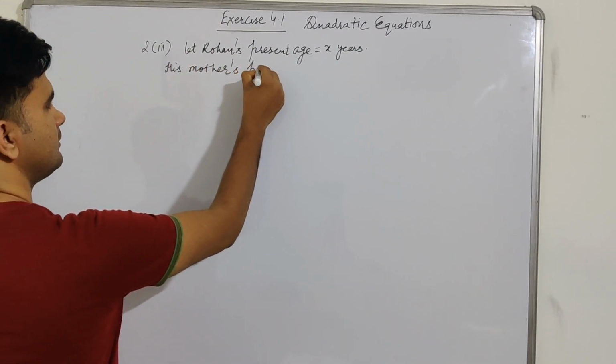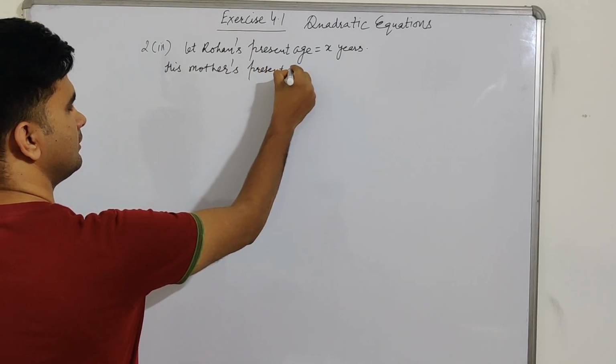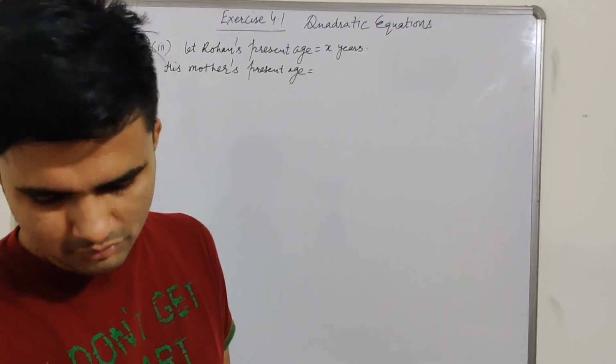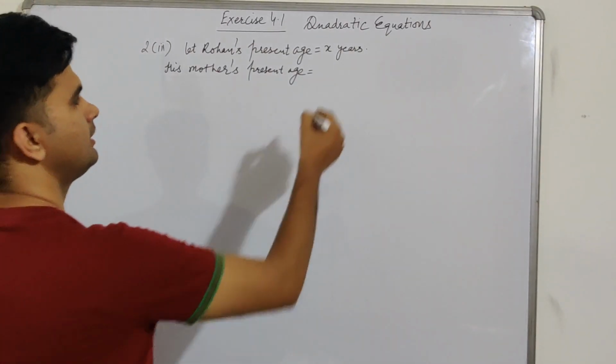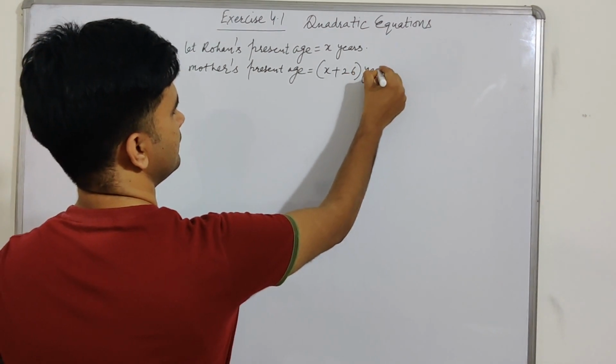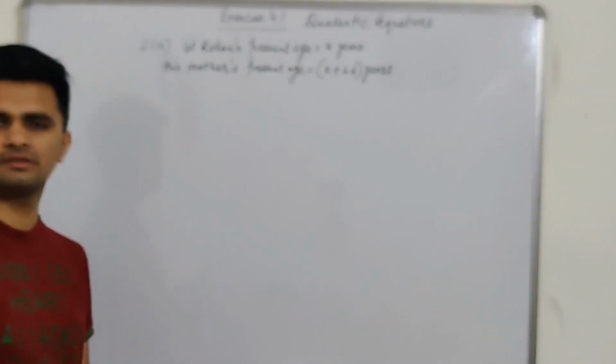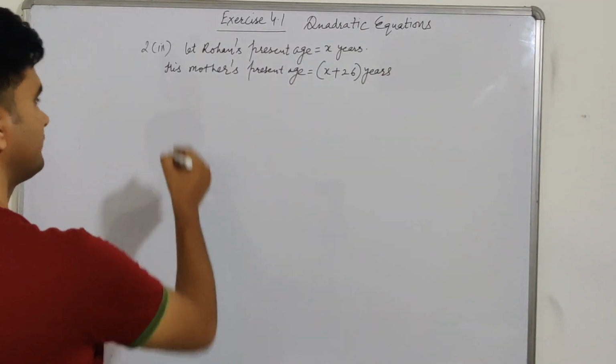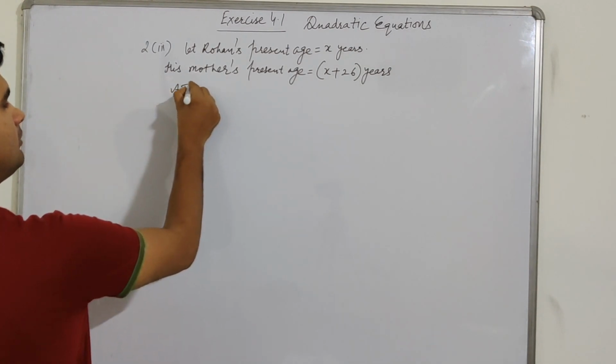His mother's present age: it is given that his mother is 26 years older than him. It means her age is x plus 26 years. Now move according to the question.